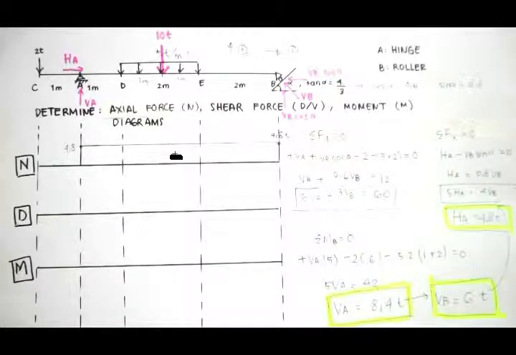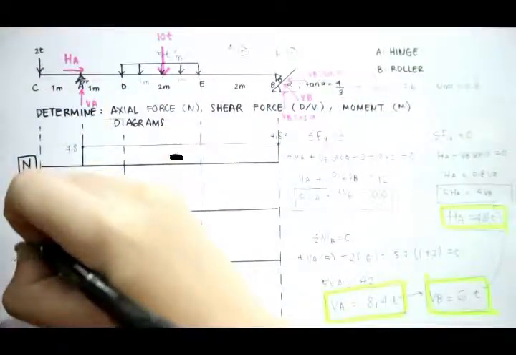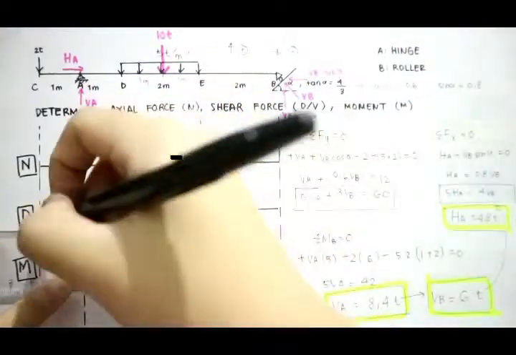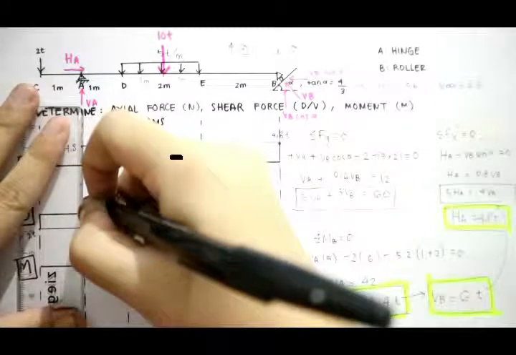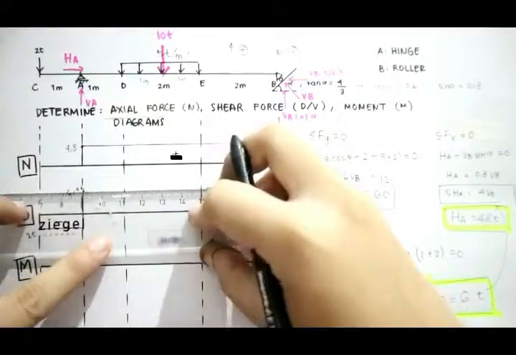Now on to the shear force, or D diagram. First at C we have negative 2 tons, so I'm going to plot my 2 tons right here, and it stays 2 tons until it reaches A. At A we have a positive VA of 8.4 tons, so it's going to be 6.4 tons right there.